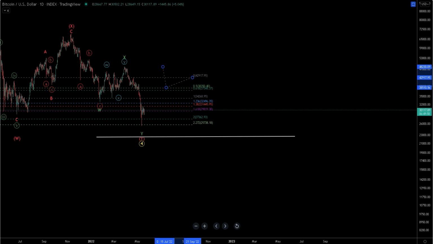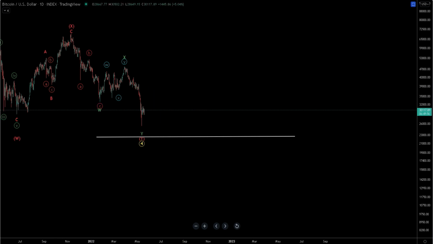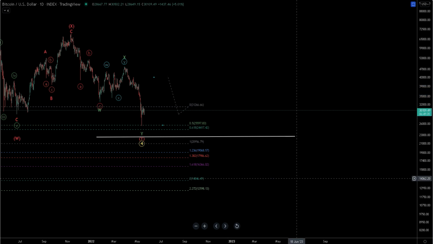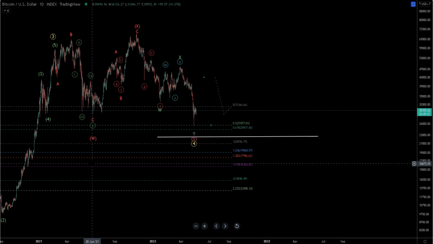All right. So what we need to do is measure this move. Whoops, I have the wrong tool on. Let's try it again. Right there, in log.